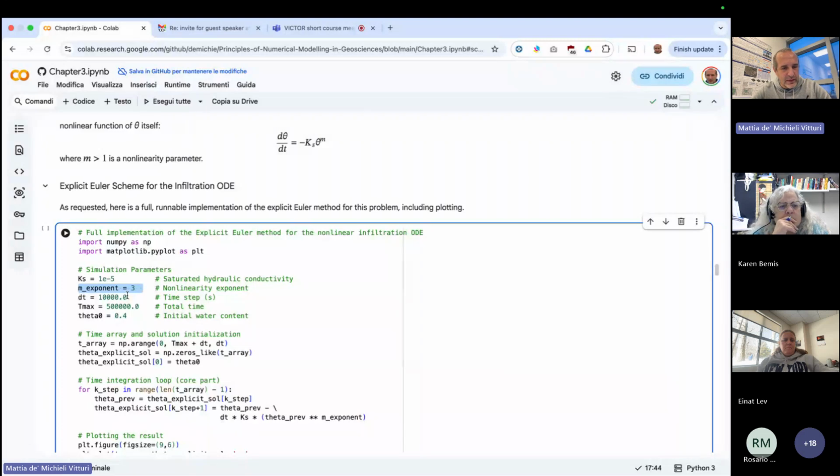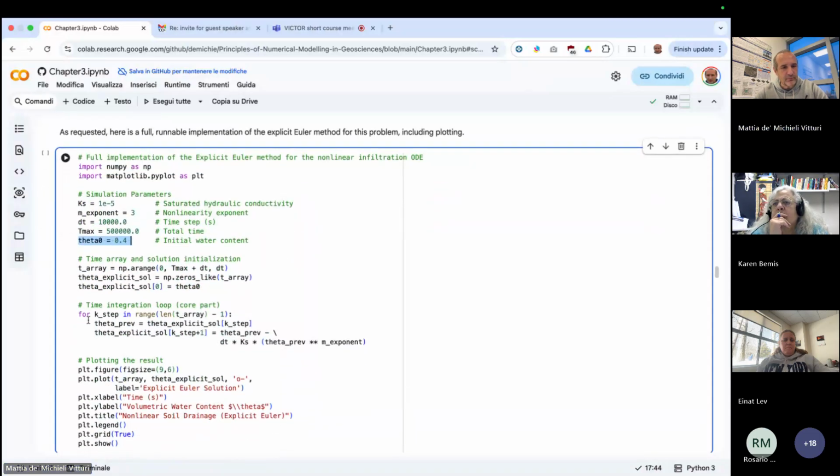We define here the time step, the maximum time, the initial value for the water content. And we do exactly as we have done before. We initialize the array for the discrete times. We initialize the array for the explicit solution. We assign the value for the index 0 of the array, which is the initial value of the solution.